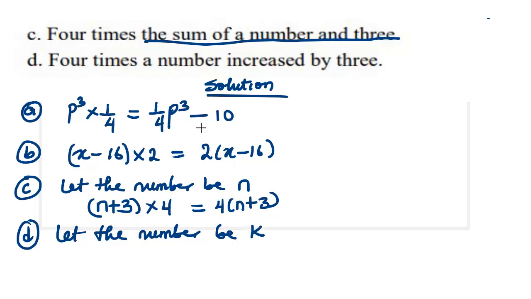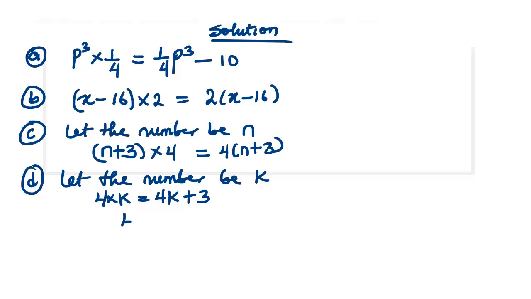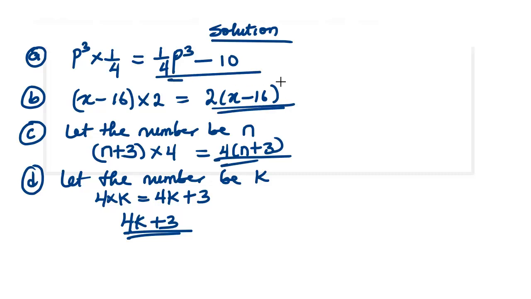Then 4 times the number, that's 4 times k, which is 4k, right? Increased by 3, that's plus 3. So this one will now be 4k plus 3. So these are the answers to each of the problems.